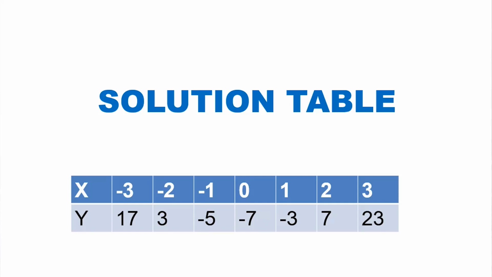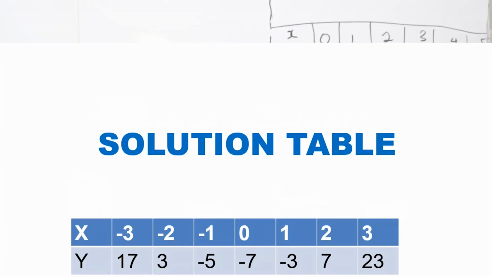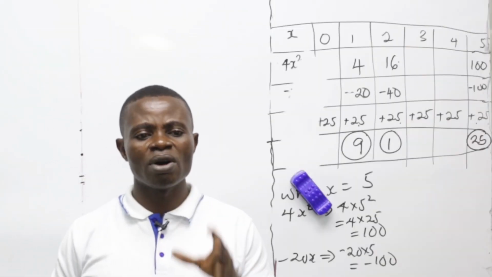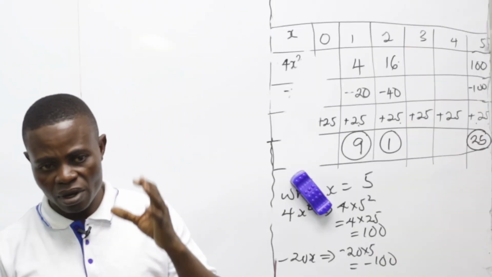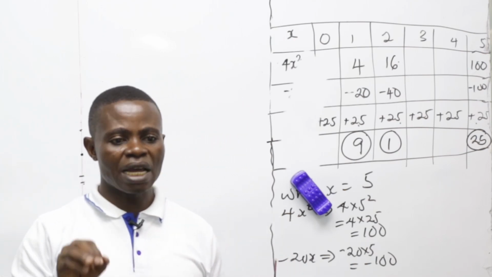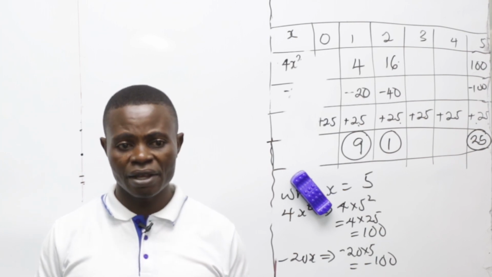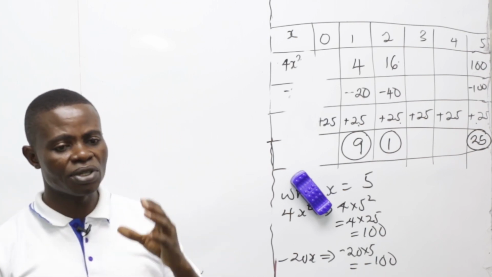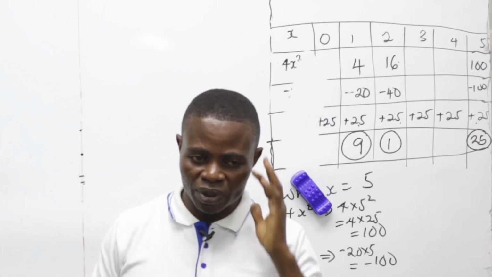But before the plotting of the graph, there's something I want you to have at the back of your mind. In any graph you are plotting or you are to plot, listen very well. The scale of the graph is very important. The title of the graph, very important. Then division of graph, very important.